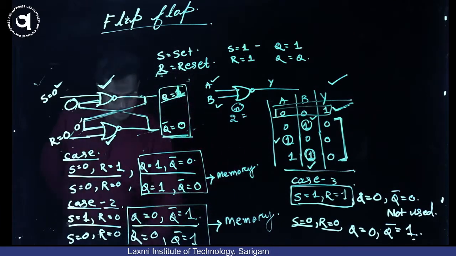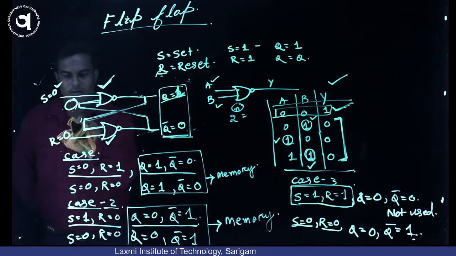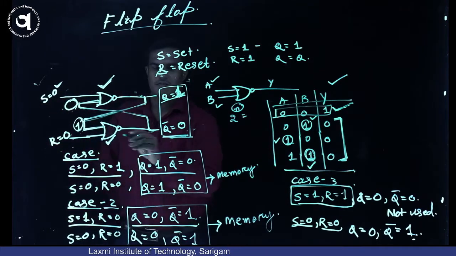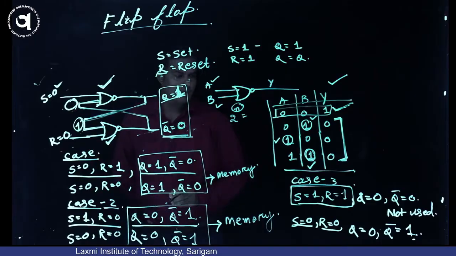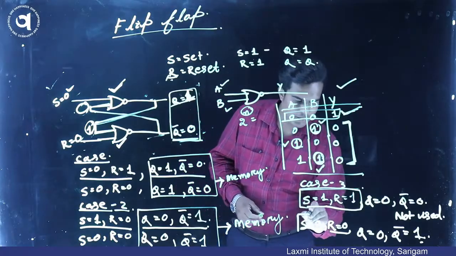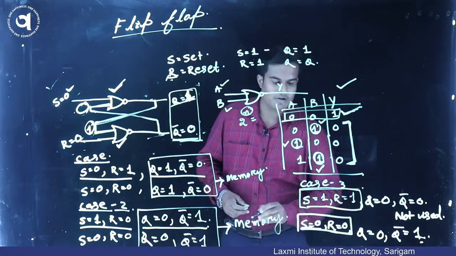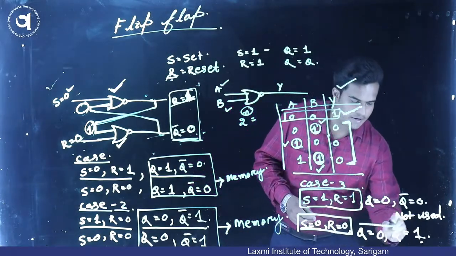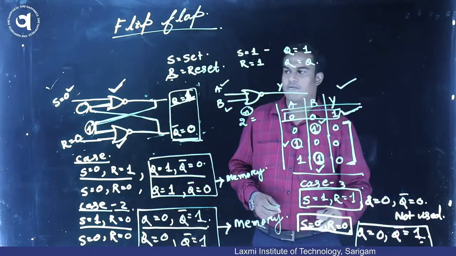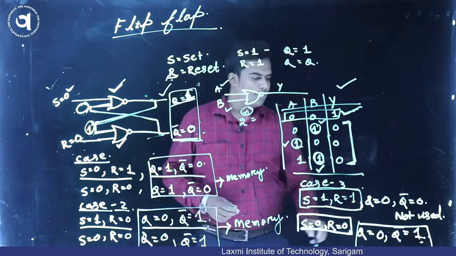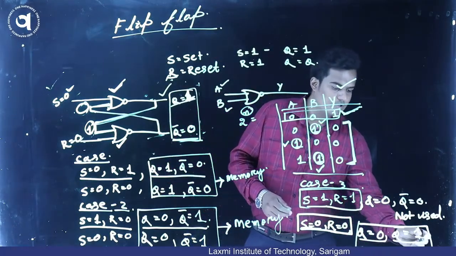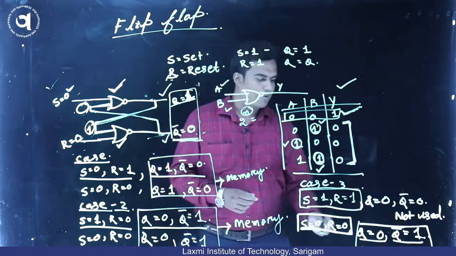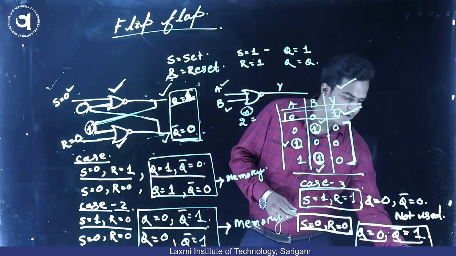Now the same output is fed here, so if any one of the inputs is 1, the output should be 0. So when we removed the inputs, S equal to 0 and R equal to 0, we are getting contradictory outputs. If I start from Q, I get Q equals 0 and Q bar equals 1. If I start from Q bar, I get Q equals 1 and Q bar equals 0.